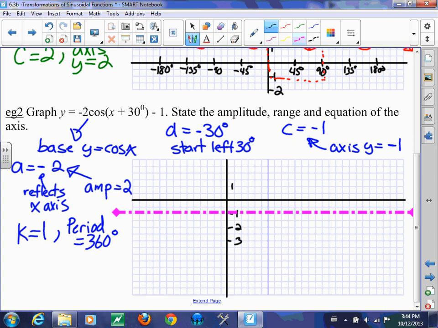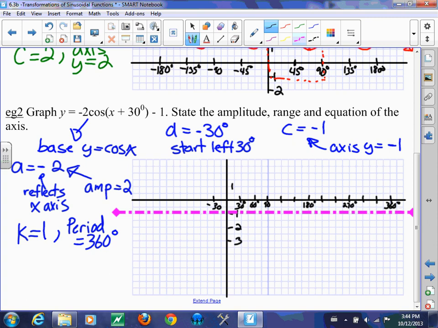So let's see if I can make this be -30, which would make this 30, 60, 90, and then I can go 120, 150, 180, 270, and then we'll get here to 360 degrees.